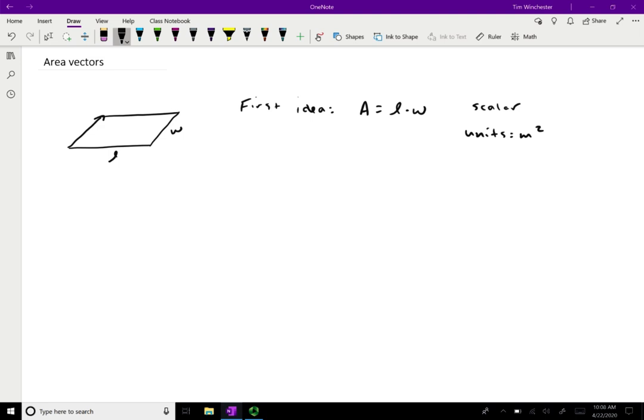One way to do that would be to tell you explicitly the length and width. I could, for instance, have a length vector over here and the width vector on one side. So I could tell you both of those. You could still figure out the scalar area from the length and the width, but this gives you more information.